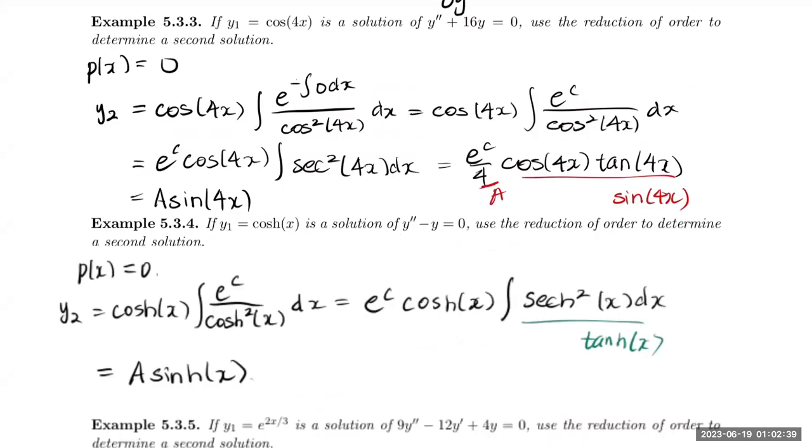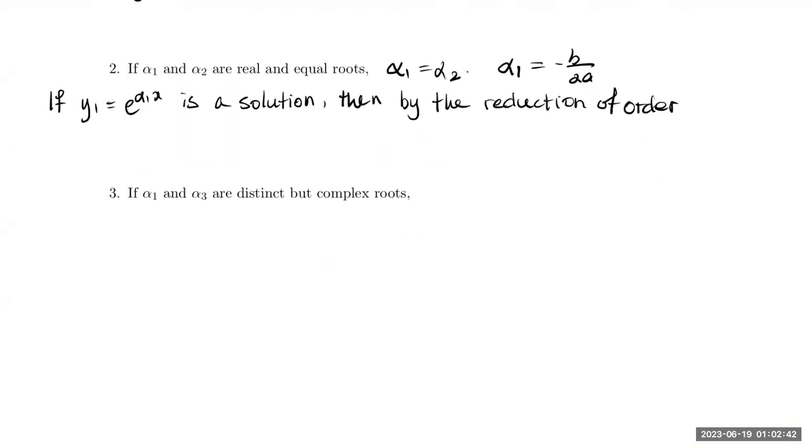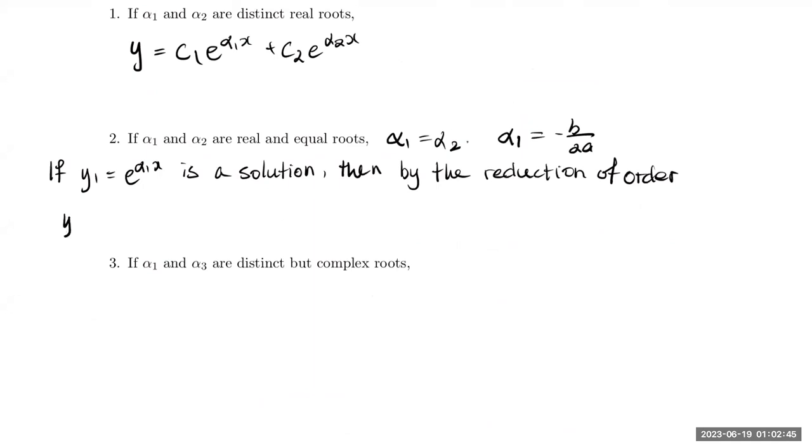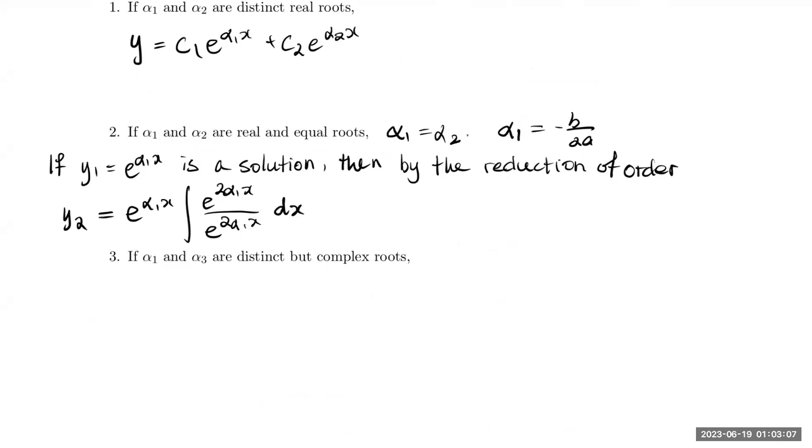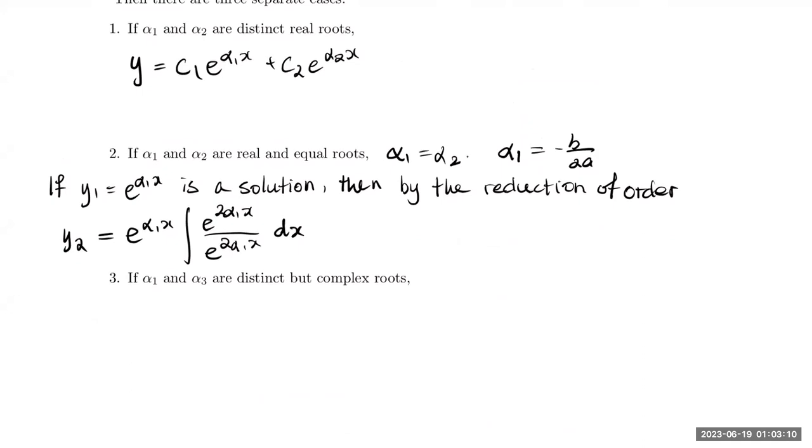So if we were to apply the reduction of order formula, we would have y2 equal to e to the alpha 1x times the integral of e to the power 2 alpha 1x divided by e to the power 2 alpha 1x as well, dx. Then the integral inside is just going to be your x, so x e to the alpha 1x is your second solution.